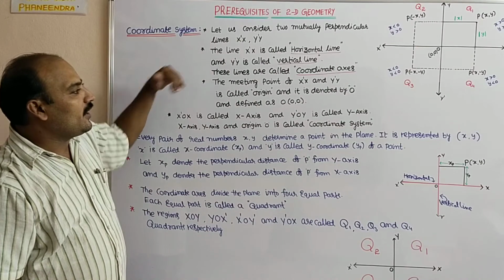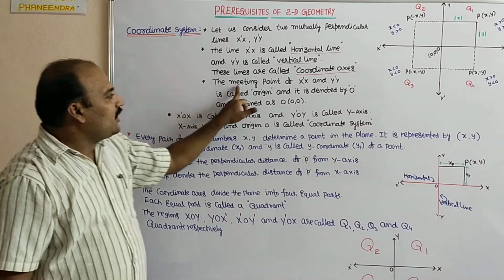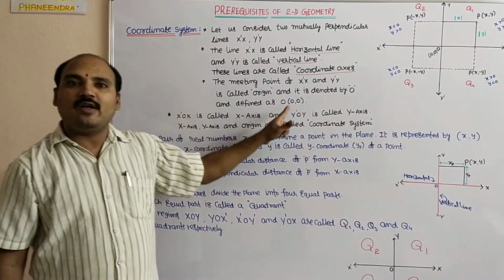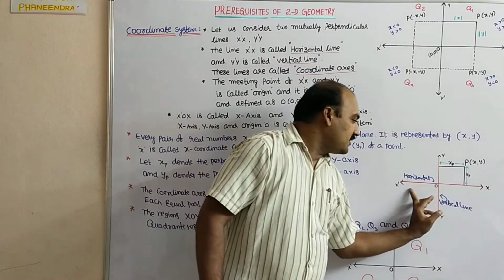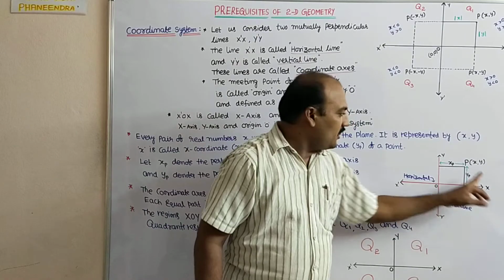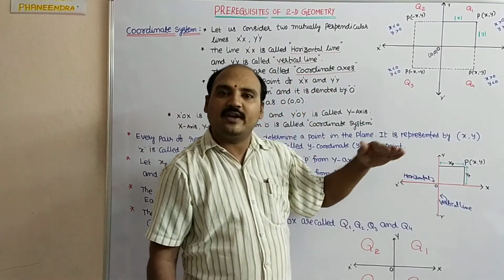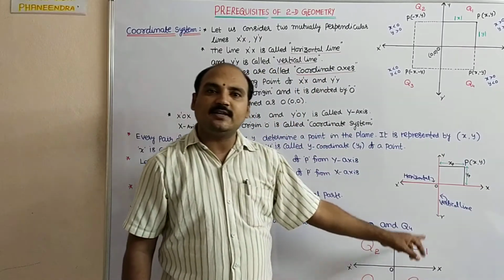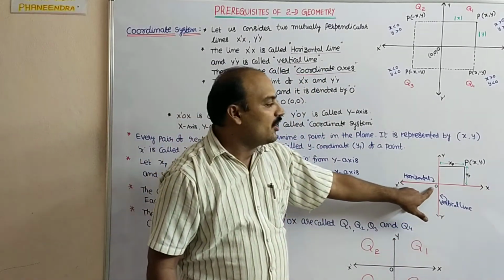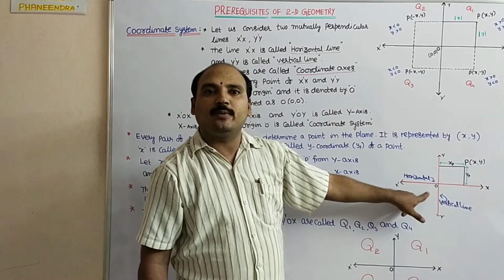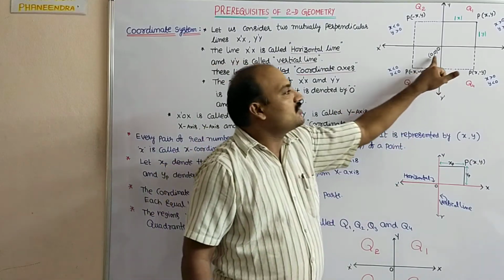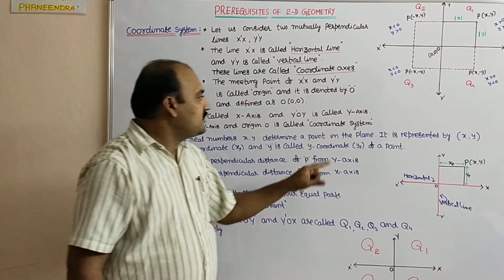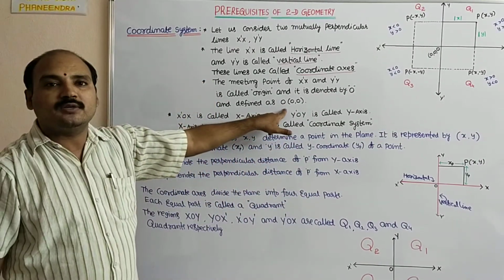After knowing the coordinate axes, the meeting point of x dash x and y dash y is called the origin. x dash x is the horizontal line, y dash y is the vertical line. The meeting point of these two is called the origin, which is denoted by capital O, and it is defined as (0, 0).